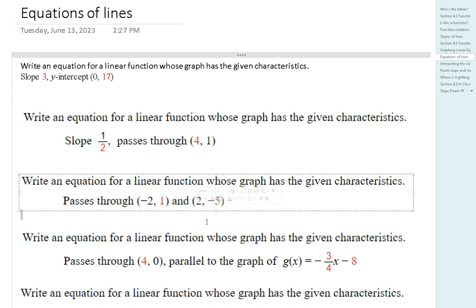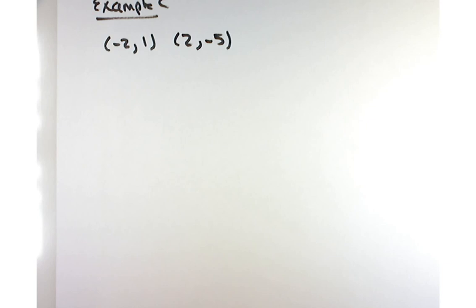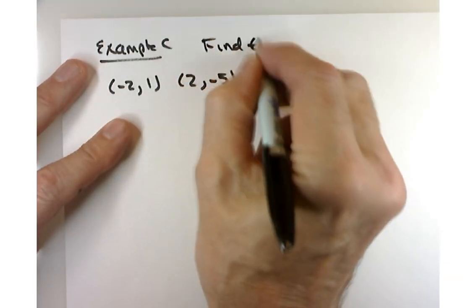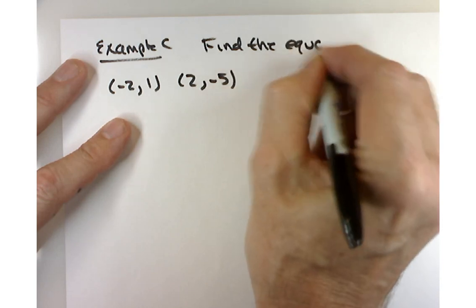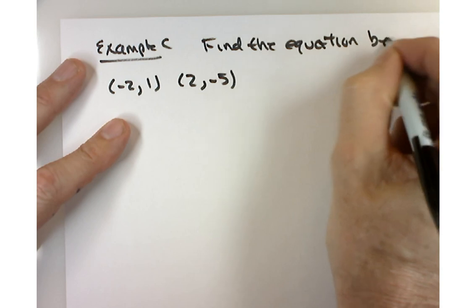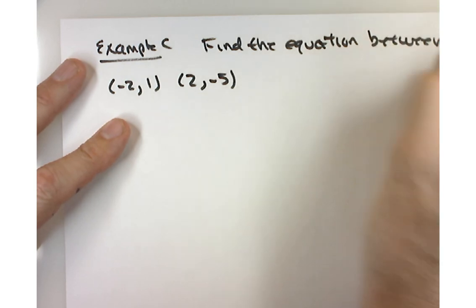(-2, 1) and (2, -5). I'll switch my camera in just a second. So we want to find the equation between these 2 points.